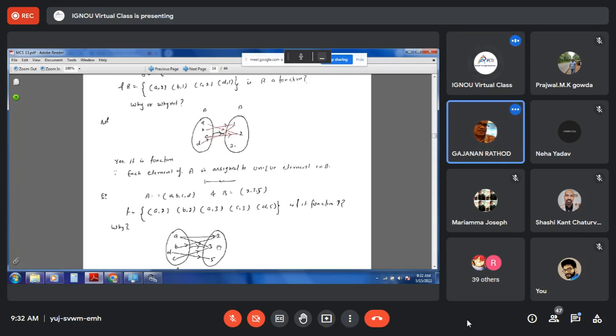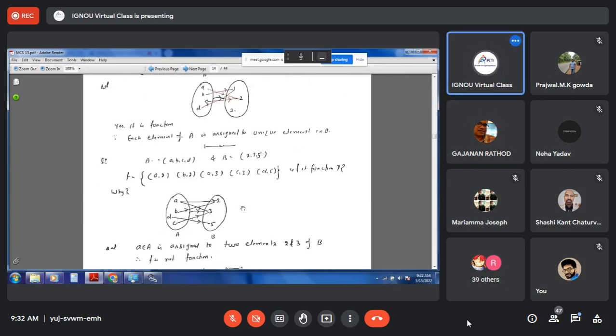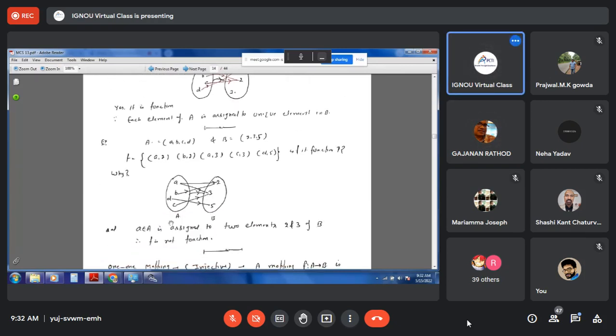Therefore, it is not a function. The element a is related to two elements of B. But the definition says it should be assigned to a single element. But here a is assigned to 2 and a is also assigned to 3. So it is not a function.